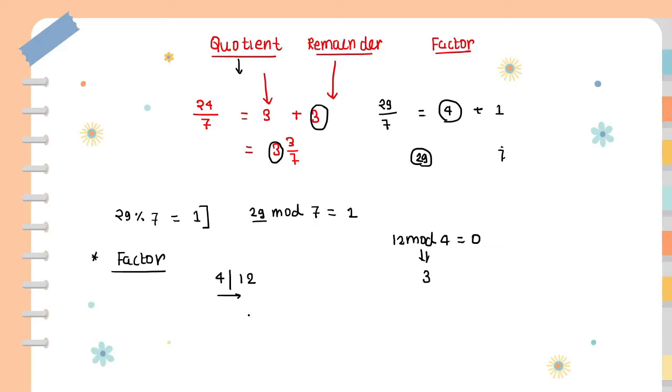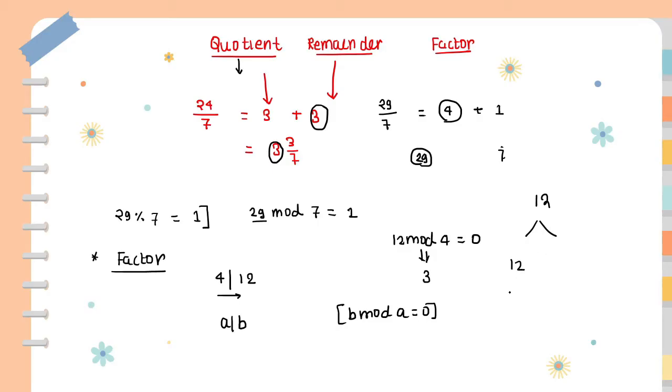So for any number a, if a divides b, it means b modulo a is equal to 0. Any number a that divides b is called a factor of b. Let us assume a number 12. How many numbers will divide 12 exactly? We will write them in the factor form.